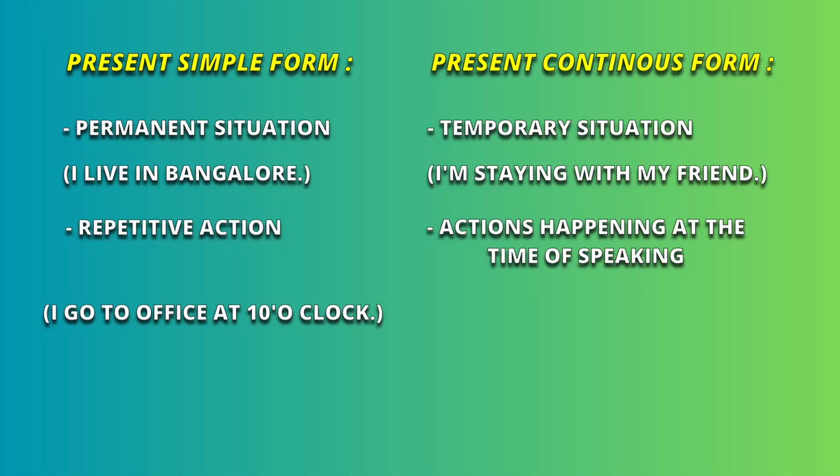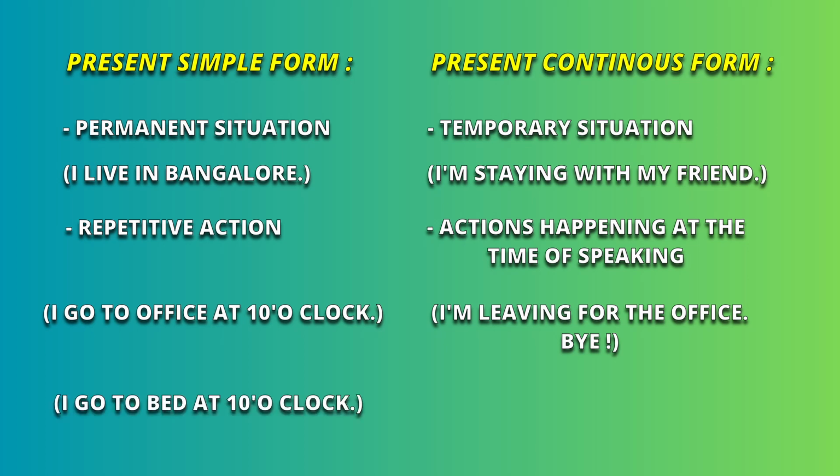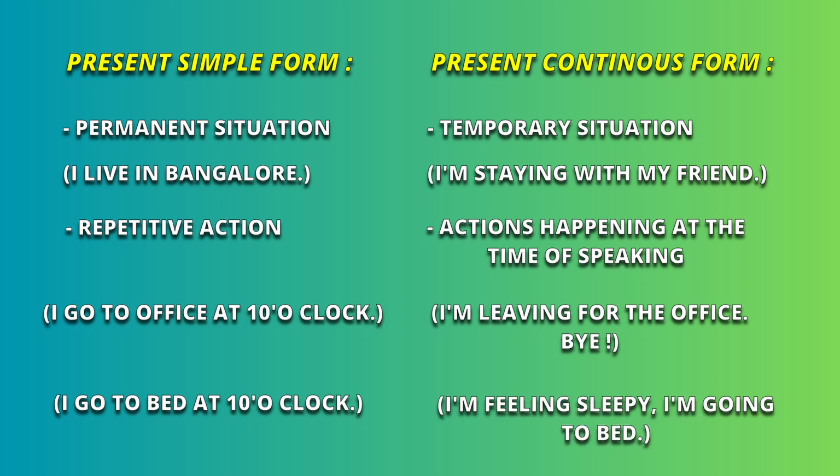So how we can say, I go to office at 10 o'clock. I am leaving for the office by. I go to bed at 10 o'clock. I am feeling sleepy. I am going to bed.